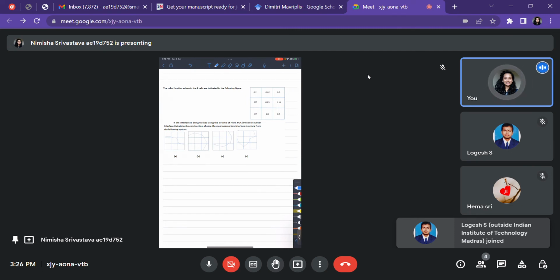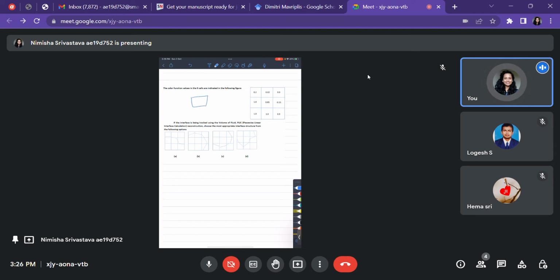So basically what the color function indicates is how much of the cell is filled with a certain fluid. So if we have two fluids, if we have a cell over here, let's make 3 cells. Let's duplicate this. Okay, so if we have two fluids over here, let's use a color.